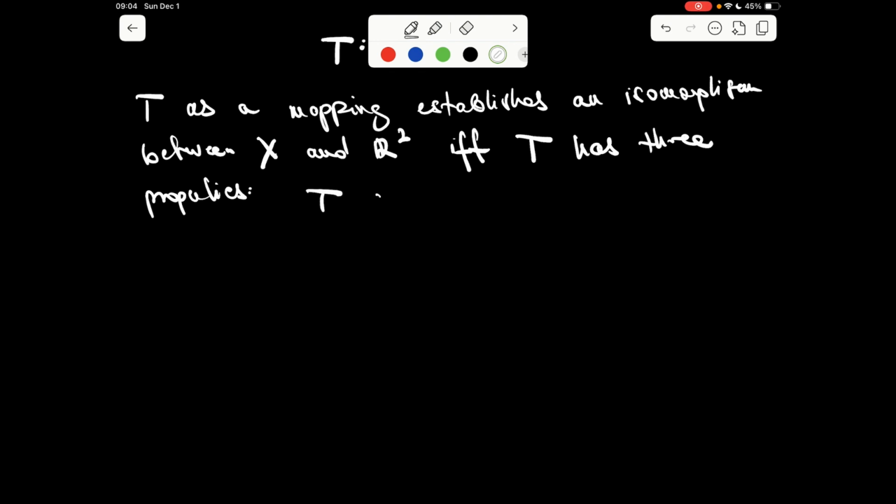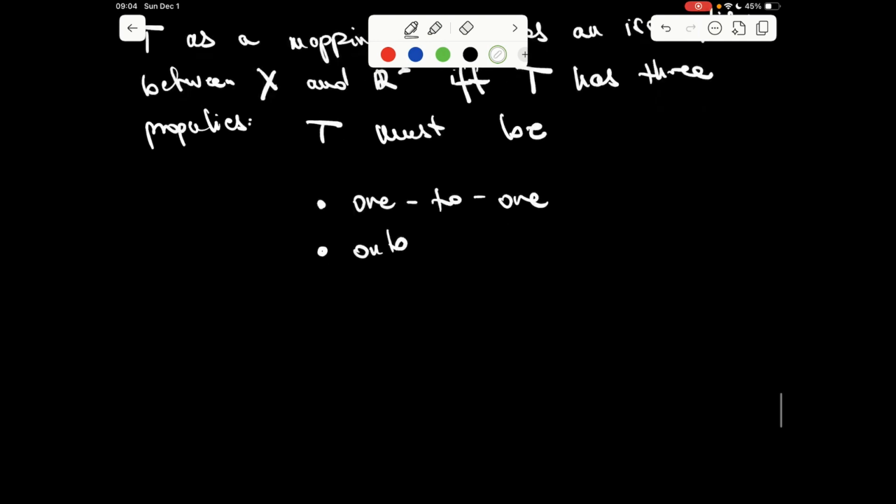T must be 1-to-1, onto, and linear. In this case we say X and R squared are isomorphic.